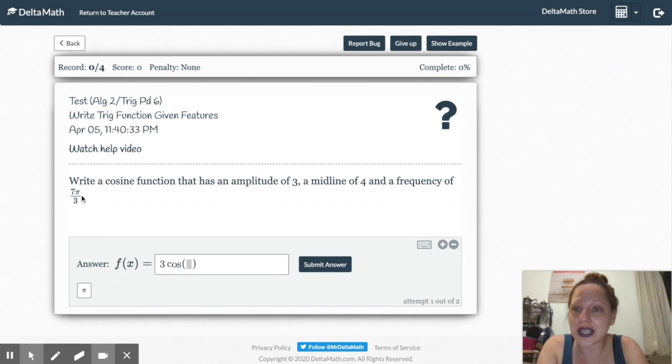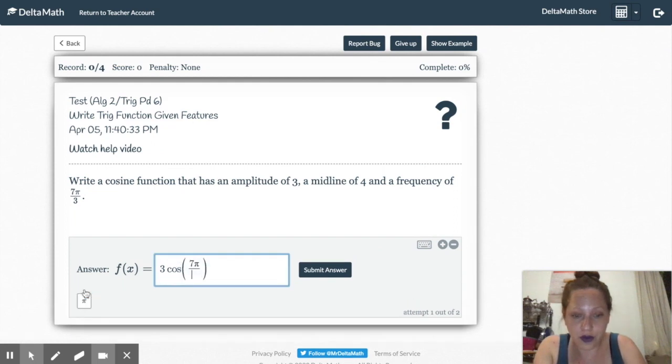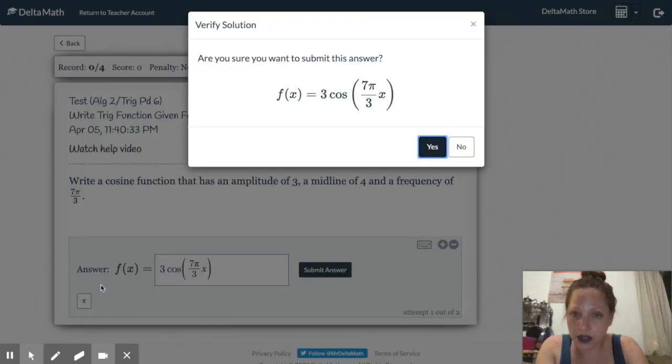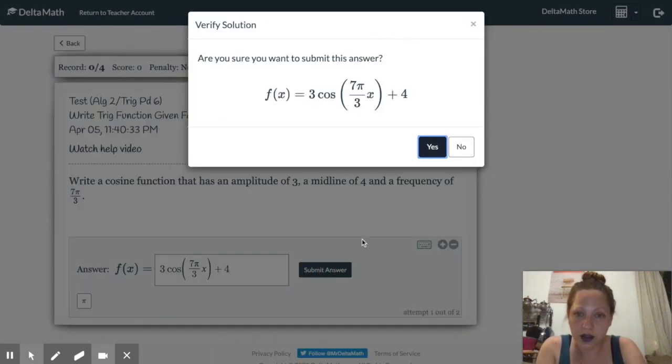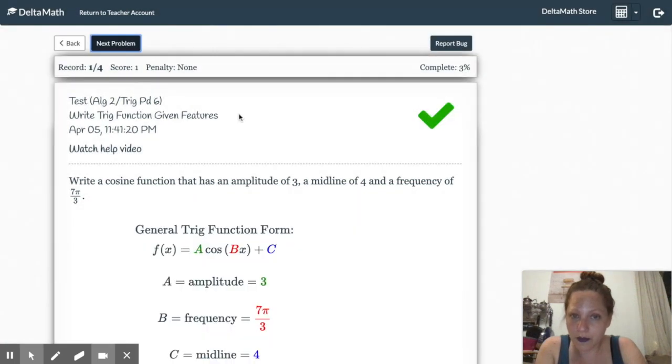The frequency is the b, so I just write in exactly what that is. So it's 7 pi over 3. And then I put an x next to it. And then, is there a midline? The midline is 4. So I put positive, oops, no, that is not what I want to do. I put plus 4, and that's how you would submit it, okay?